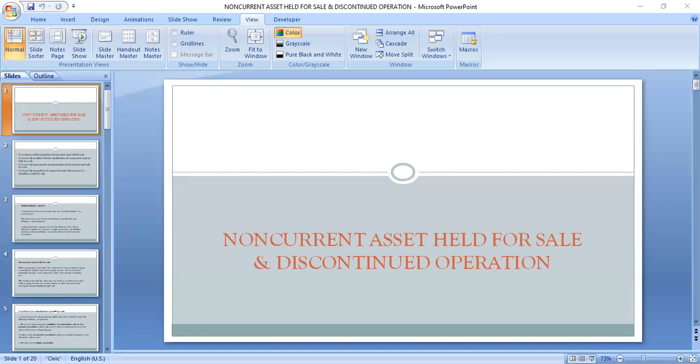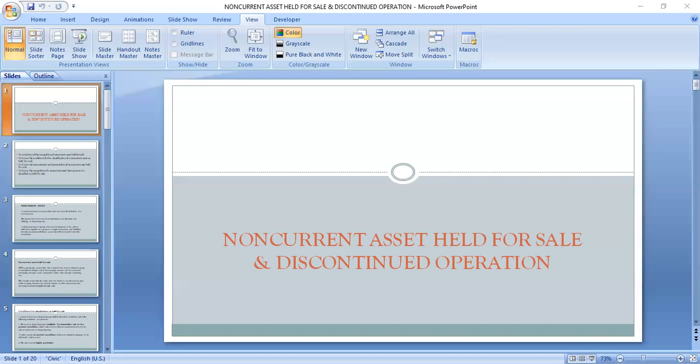Income statement presentation: an entity shall disclose a single amount comprising the total of the post-tax profit or loss of the discontinued operation and the post-tax gain or loss recognized on the measurement of fair value less cost of disposal or on the disposal of the assets or disposal group constituting the discontinued operation.